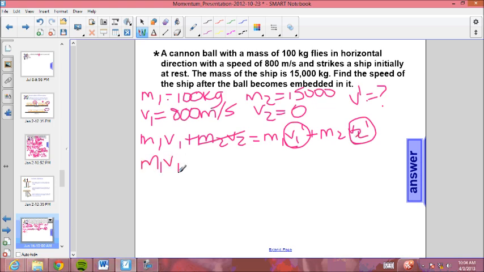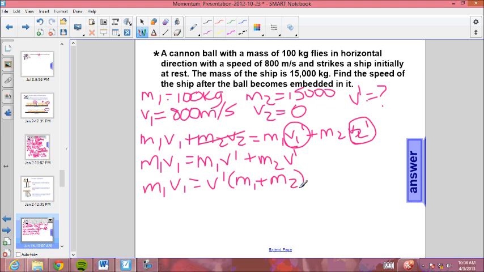So m1 v1 equals m1 v prime plus m2 v prime. And again, we're solving for v prime, so we're going to do the opposite of distributive property to get it by itself. This is just like the last problem. And then we're going to divide.